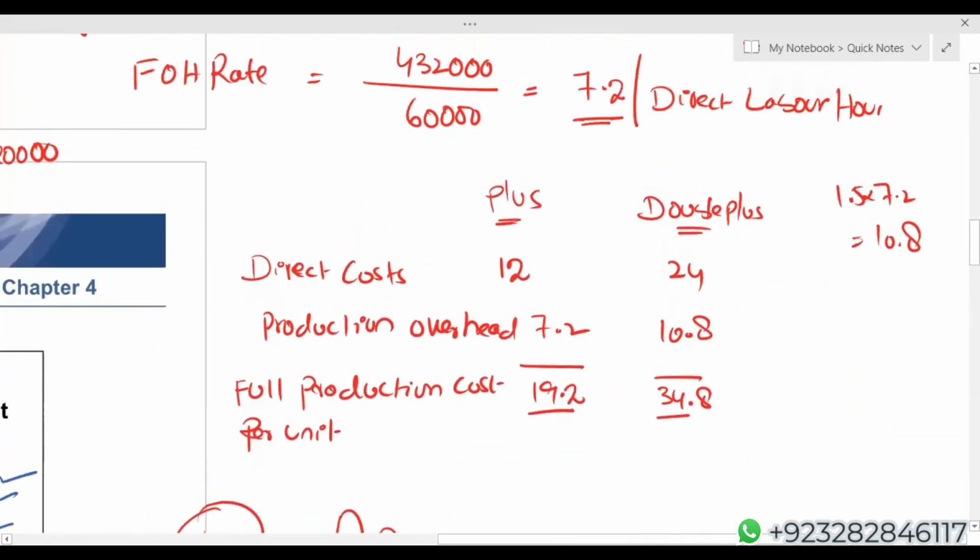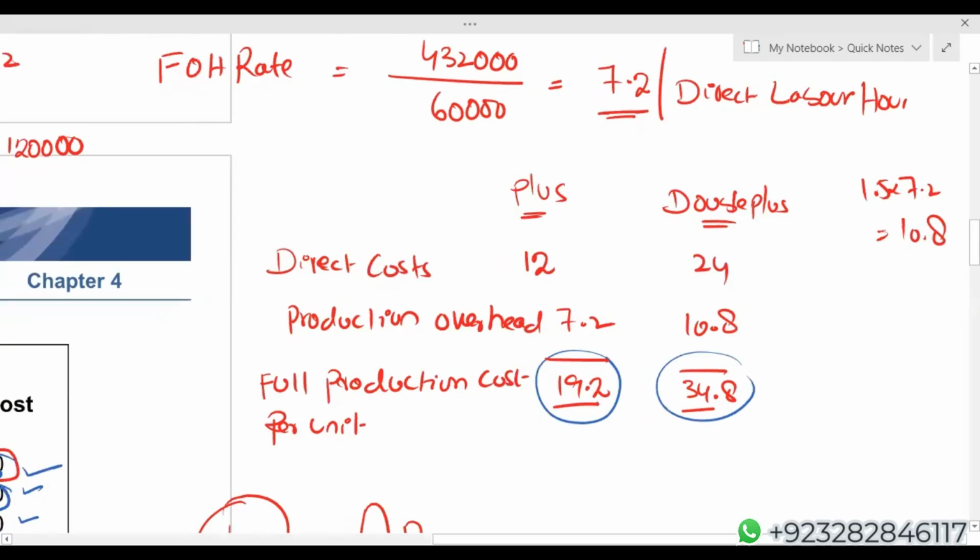In absorption costing, plus is having 19.2 and double plus is having 34.8. But under ABC, they are having different cost. In fact, under ABC, plus is having the lower cost and double plus is having the higher cost as compared to absorption costing.